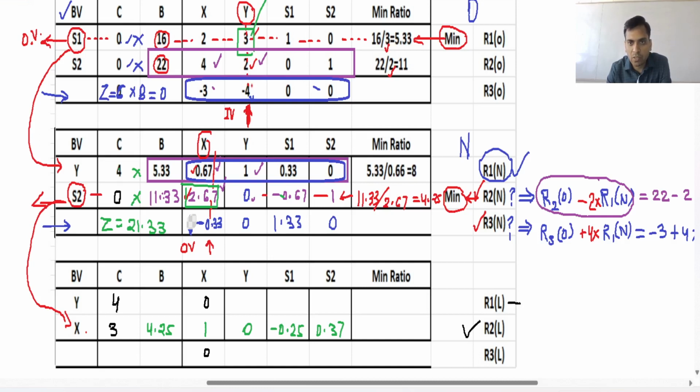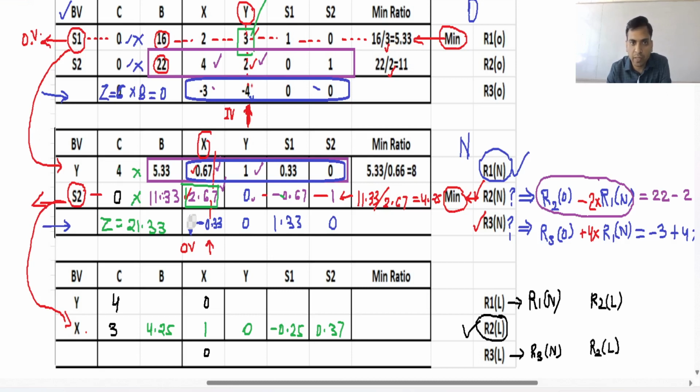Now your objective is to find this R1 and R3 on the basis of their old values, the previous block, and the existing new one. So we will write this one as R2L and this is R2L. Now we will make the relationship.